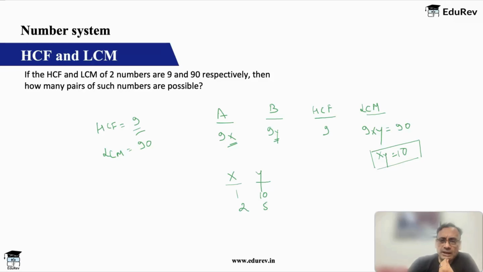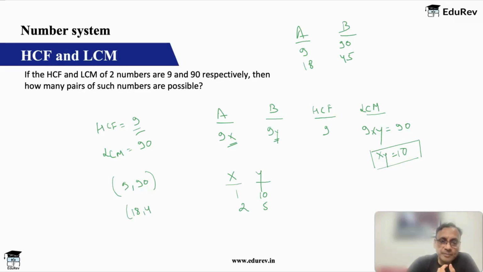So if I put x as 1 and y as 10, then my numbers a and b, that means a is 9, b is 90. Or if I put x as 2, that means this is 9 into 2, 18, and this is 45. So these are only two pairs possible, 9 and 90, and 18 and 45.